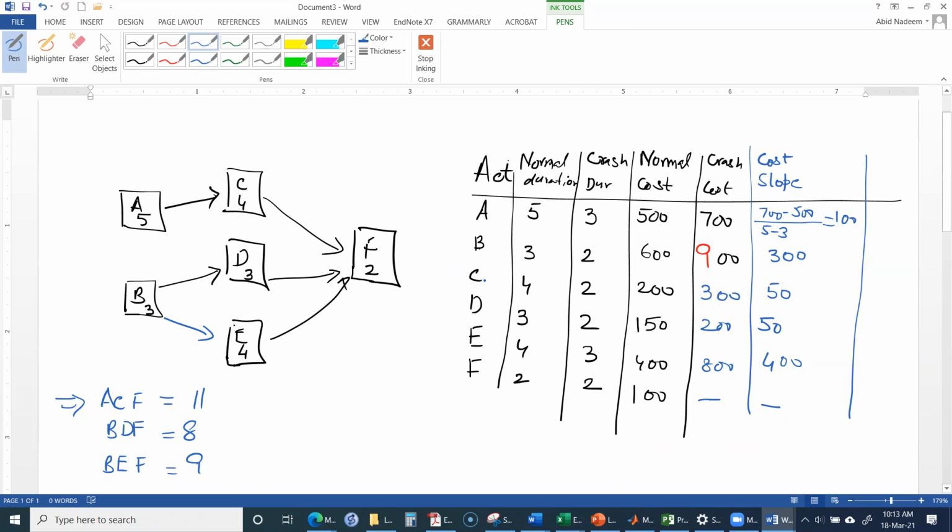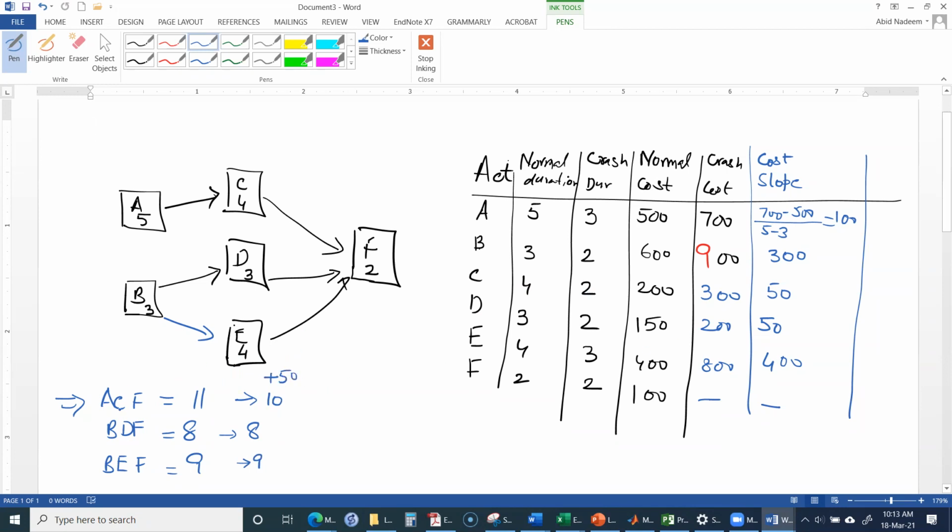So it is cheaper to reduce the duration of activity C. Therefore we choose activity C to reduce its duration from 4 days to 3 days. The duration of this path will reduce to 10 days. The other paths remain 8 and 9, but this happens at the cost of $50.